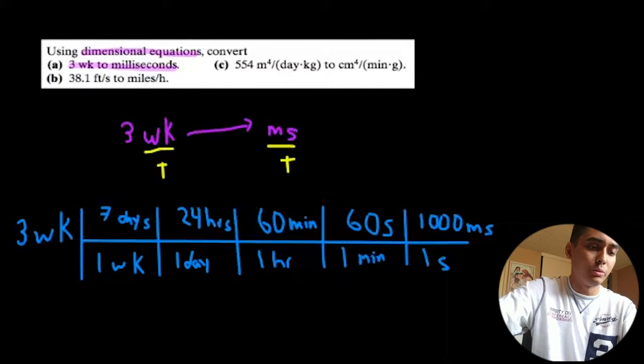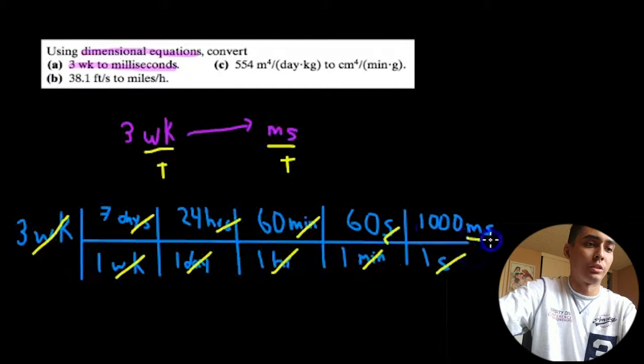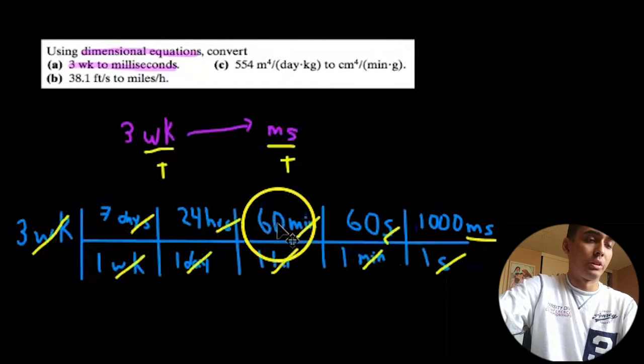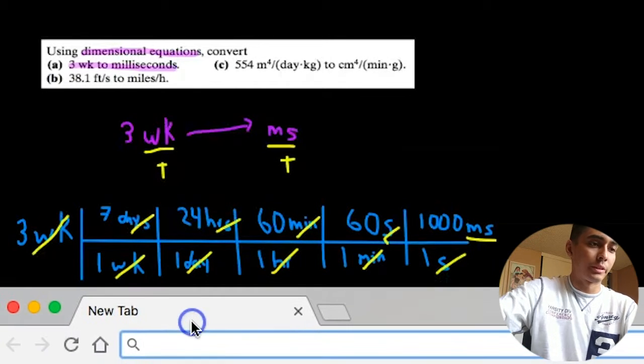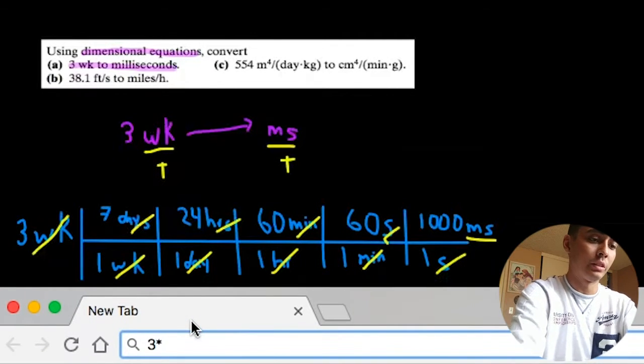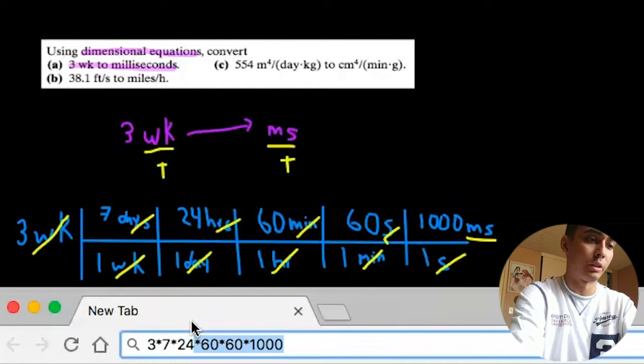So before we continue with this calculation, let's make sure that we can cancel out weeks with weeks, days and days, hours and hours, minutes with minutes, and finally seconds to leave us with milliseconds. So we can do this calculation. We can literally just use Google to do this quick calculation. 3 weeks times 7 days times 24 hours.